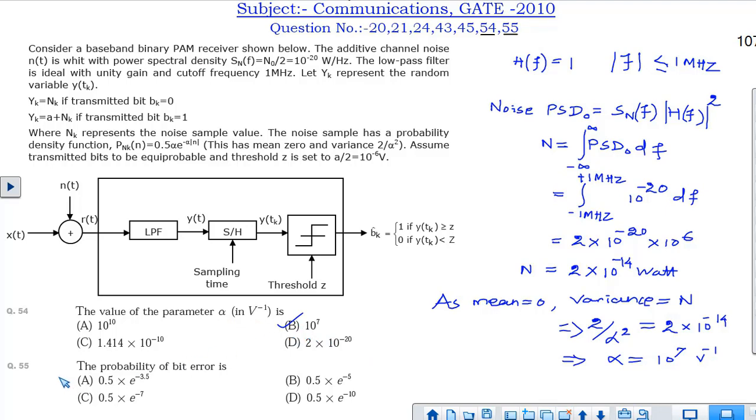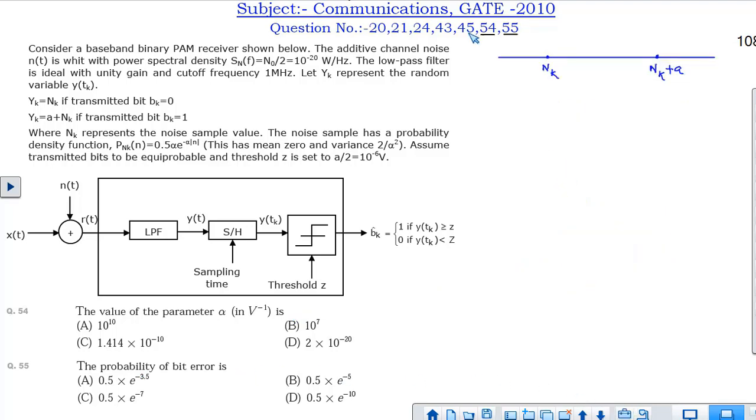Next part, question number 55, we have to find the probability of bit error. To find it, we have to draw the decision line first. Let us say at this point it is nk and this length is a, so that at this point the amplitude will be nk plus a.